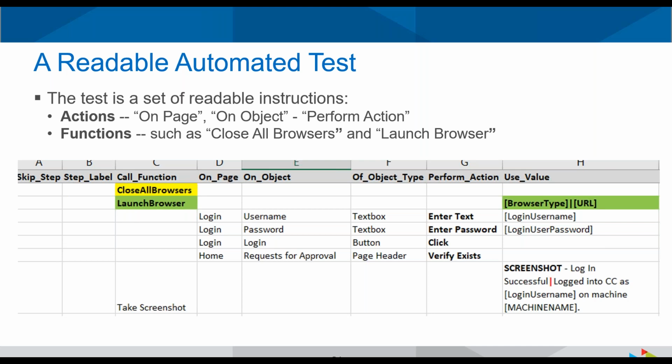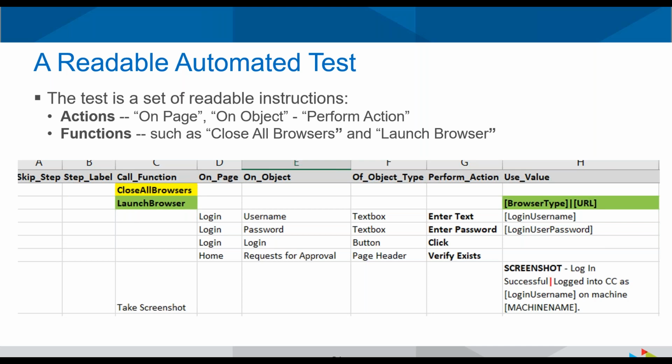We have the ability to call functions, common functions like closing all the browsers to clean the desktop, and launch a browser, where we provide variable values like what type of browser, like IE or Chrome, and the URL to the application. And we have the ability to take screenshots and give some information on what we're taking a screenshot of and values that were used at the time.